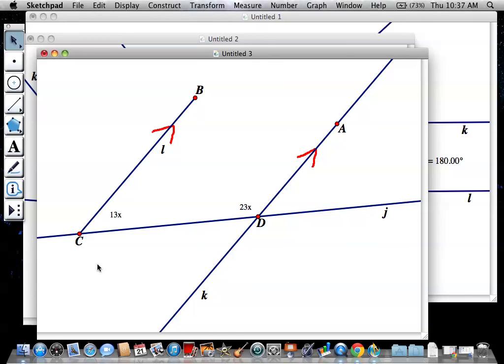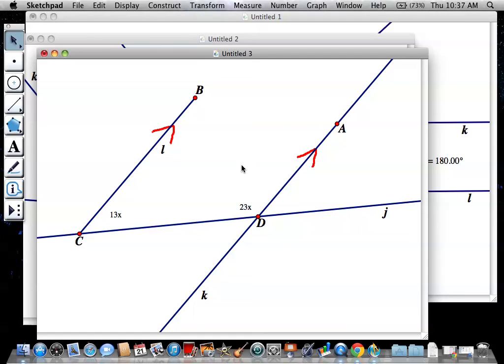Now, if you'll notice, it gives me the measurement of angle BCD, so that's 13x, and then it gives me the measure of angle ADC, so these two angles here. Well, if you notice the relationship, they're both same side interior angles.